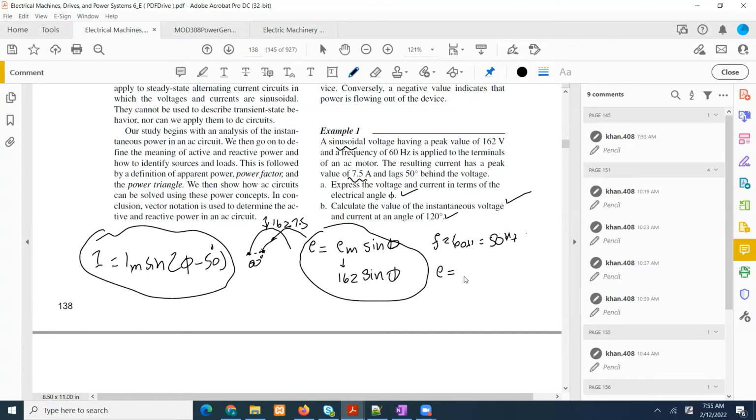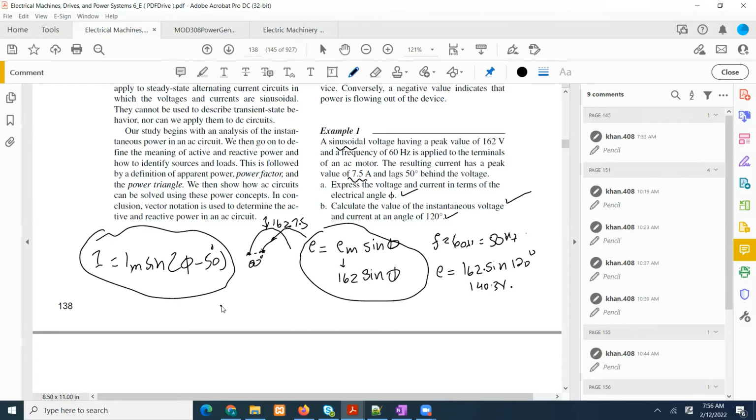That is the peak value, that is 162, and we're going to say sine of 120 degrees. So that should be 140.3 volts.